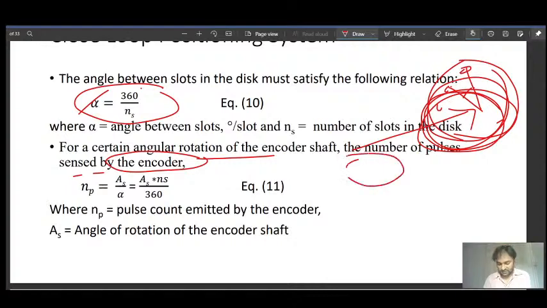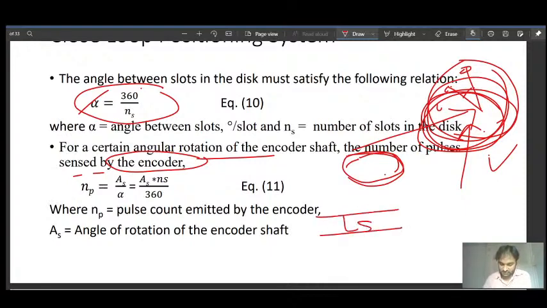Since the encoder is fixed at the end of the lead screw, the angular rotation of the lead screw and the encoder would both be the same. Suppose the total angular rotation of lead screw or encoder is theta s.